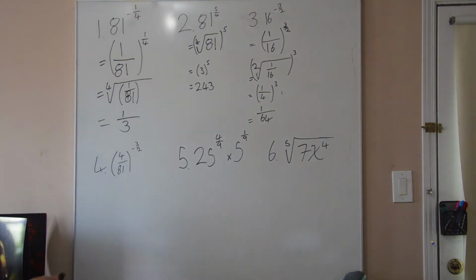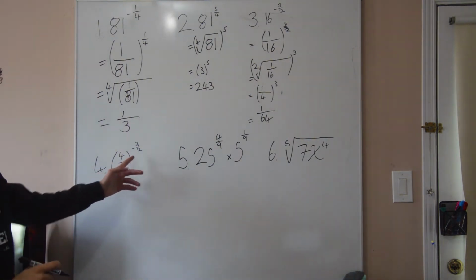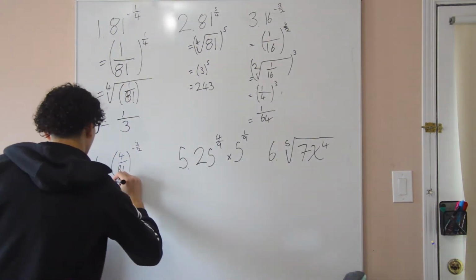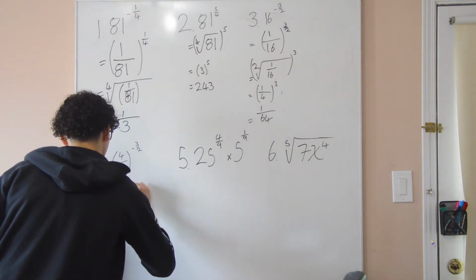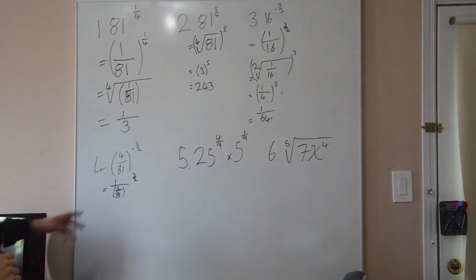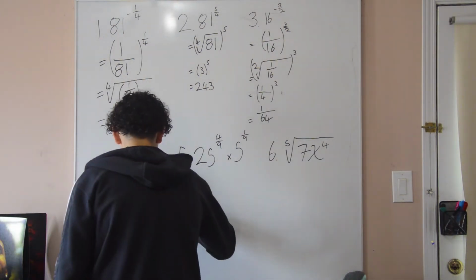Let's move on. This one right here. First thing we see is a negative exponent. So we're going to do 1 over 4 over 81 all to the power of positive 3 over 2. Now 1 over 4 over 81, when you're dividing by a fraction, what's really happening when we say dividing?